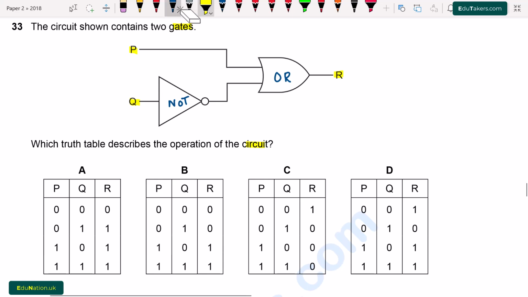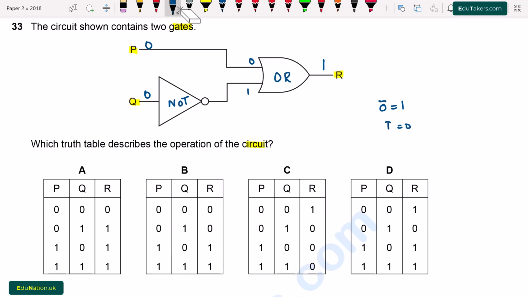First of all, I suppose the input 0 and 0. By applying the NOT gate, 0 changes into 1 and 1 changes into 0. So here will be 1, while this 0 comes as it is here. So when 0 and 1 combine by the OR gate, here will be output 1. Because in the OR gate, when any one of the inputs is high, the output will be high.